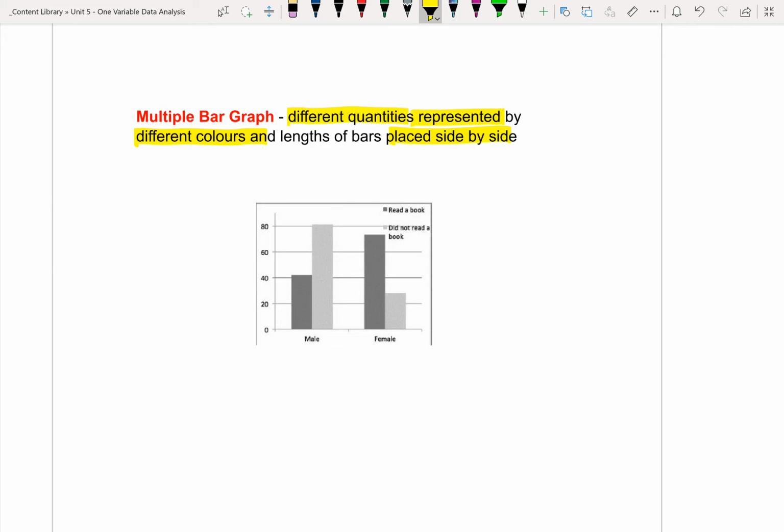So here we can see that we have our male represented in the first group, and we have the number that have read a book in the first column, and the number that have not read a book in the second column. So I'm just going to make it a little bit more visible for the read a book ones. So that's a multiple bar graph.